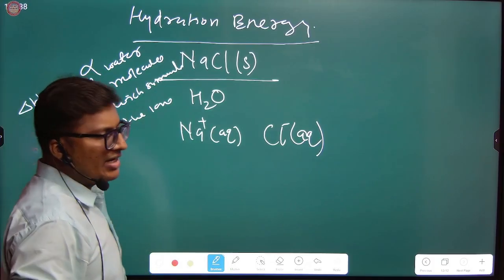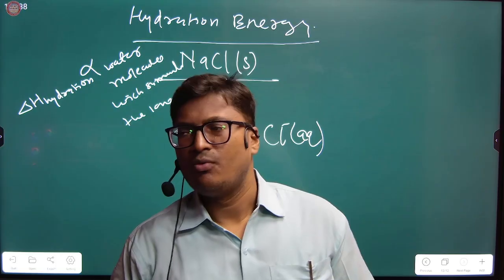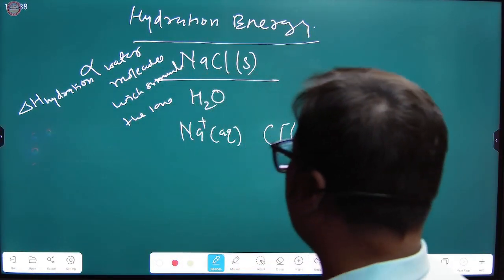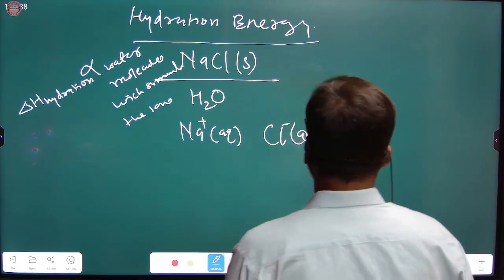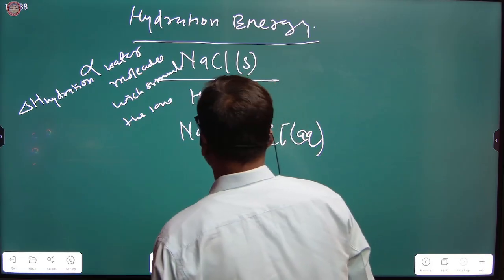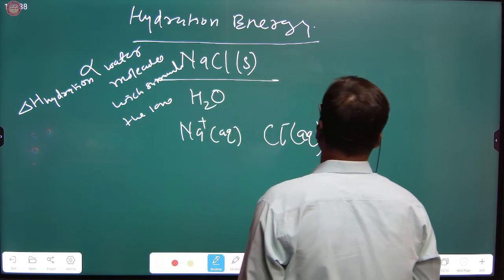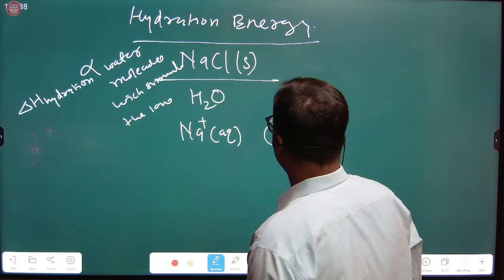The larger the number of water molecules that surround the cation, the more hydration it has. So more water molecules are bound to these ions, right? So hydration energy will be very high.